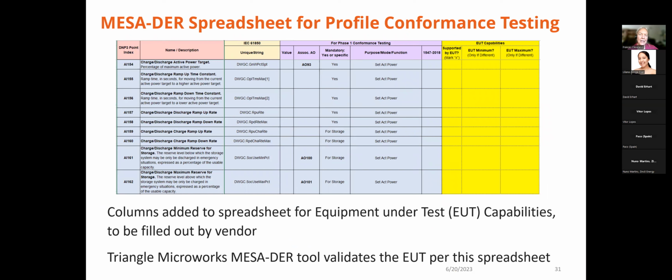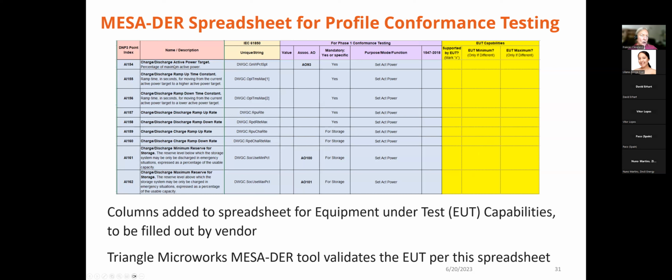And one of the things that I will add here is, okay, how is the MESA spreadsheet for the profile conformance testing done? We've added some columns, these bright yellow columns here, where the equipment under test can add whether they want to be tested for this particular function.